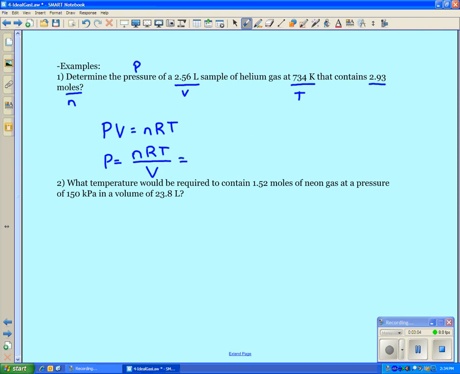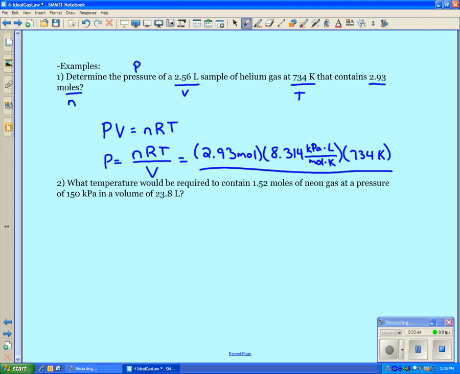If you look back at all of the units that we have and the unit that we had for R, the ideal gas law constant, everything is in the proper units that we want them to be. So we don't have to do any conversions for this question. So it's just a matter of substituting in 2.93 moles for N. R, I said, was 8.314 kilopascals and liters over moles and kelvins, times the temperature, 734 Kelvin.